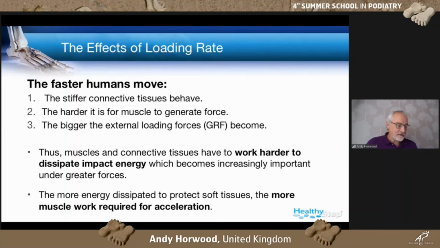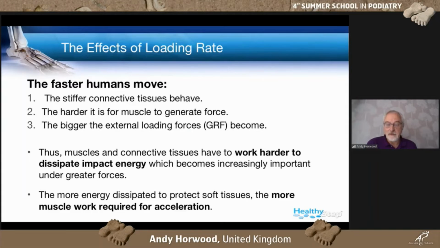Now, the amount of compliance and stiffness the foot can offer is dependent on the loading rate. Thus, gait speed is very important. Muscles are less able to create muscle contraction power at faster loading rates due to their force-velocity relationship of contraction.